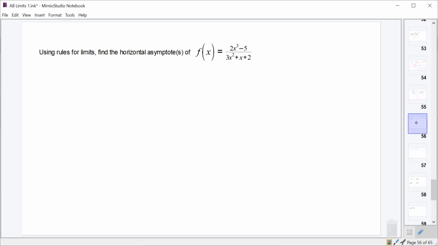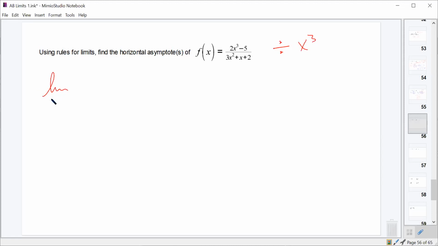All right, one last one, because there were 3 rules for these rational functions and their horizontal asymptotes. This is the one where the degree of the numerator is more than the degree of the denominator. What do you think we should divide everything by? X cubed.